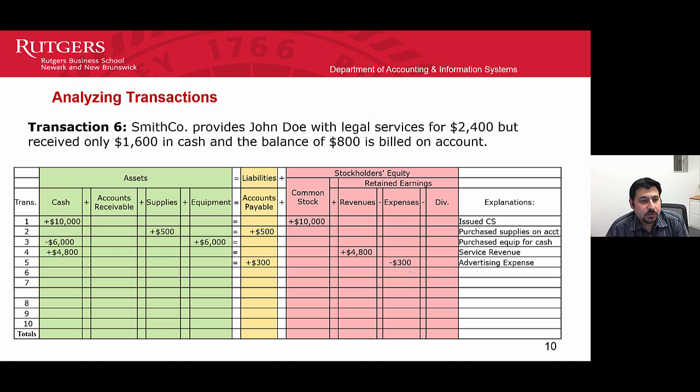In the sixth transaction, Smithco provides John Doe, one of their customers, with legal services for $2,400, but only receives $1,600 in cash, and the balance of $800 is billed on account. Once again, we need to identify the accounts that were involved. We know that they provided services, and that would be service revenue.